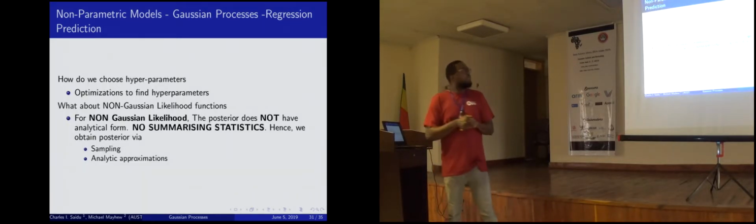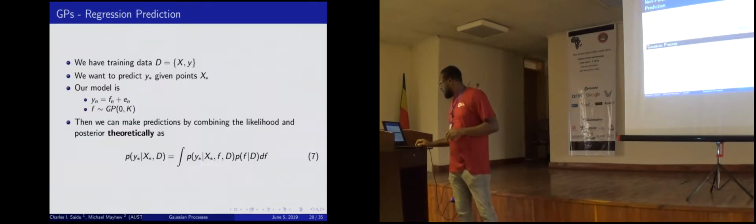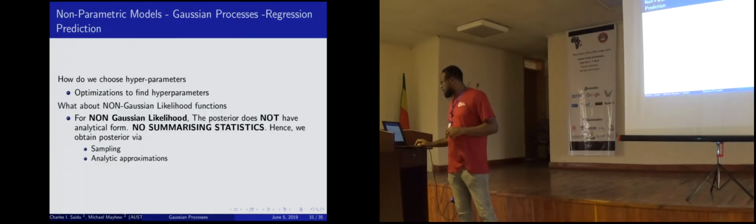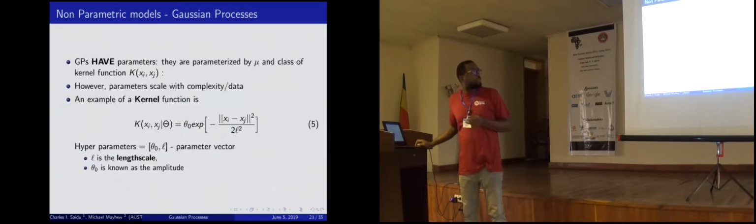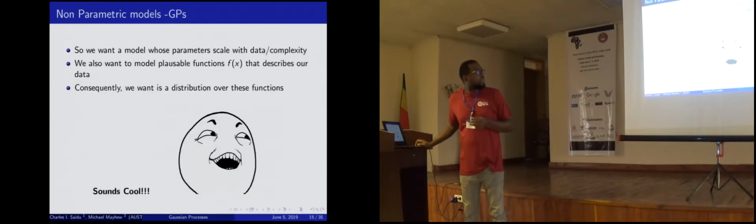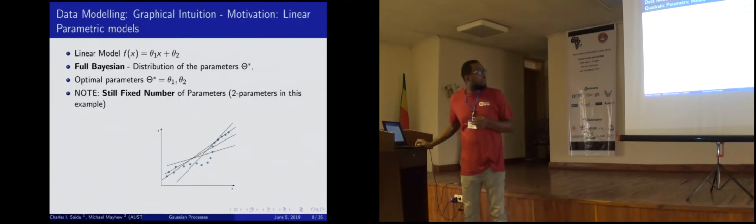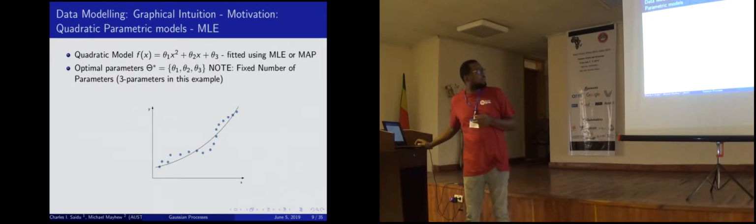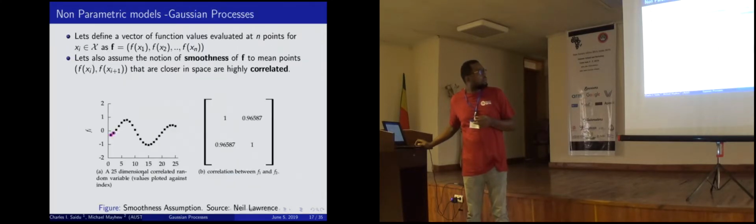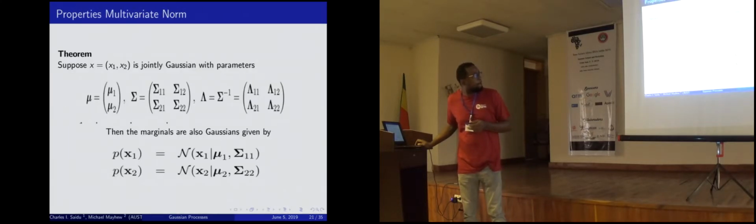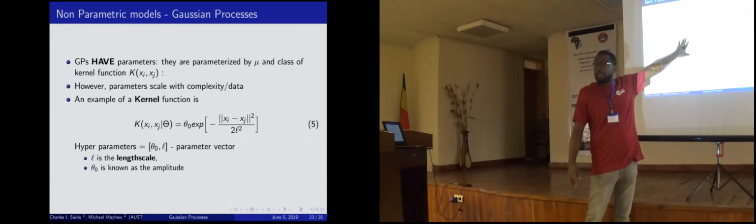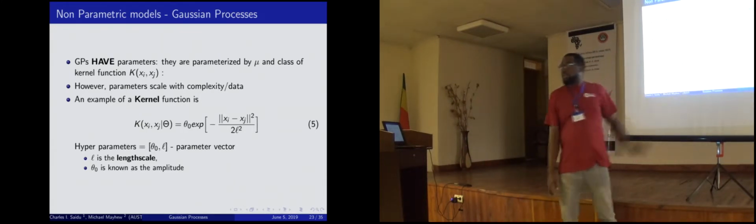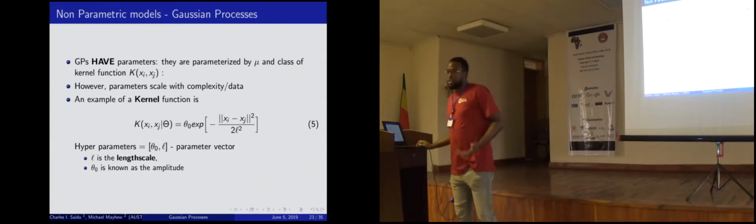Now, like I said, when we talk about Gaussian processes, it doesn't really mean that they don't have parameters. But what are those parameters? I showed you that these are some of the parameters that you could have. For this particular kernel, these are the parameters. So you have two choices, actually.